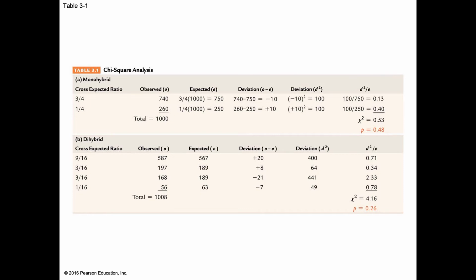So we would expect 3/4 to be purple and 1/4 to be white. Okay, so this is our F2. 3/4 purple, 1/4 white. Okay, so in our hypothetical experiment, we are going to generate 1,000 offspring.